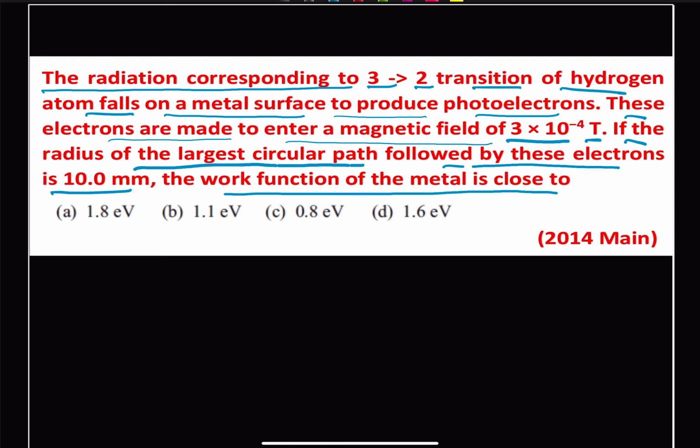So first of all, we are going to find out the energy of the photon that is emitted when the transition takes place from 3 to 2.